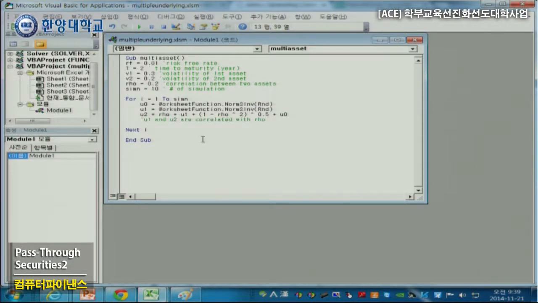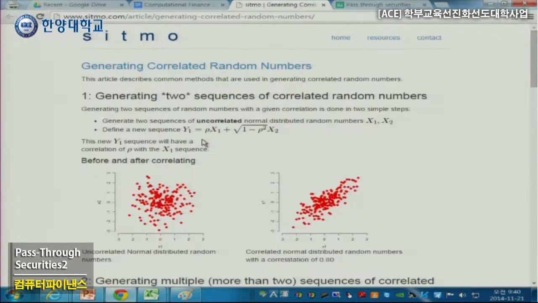Okay? Right? I'm just using this formula. Right? So I generated two random variables, right?